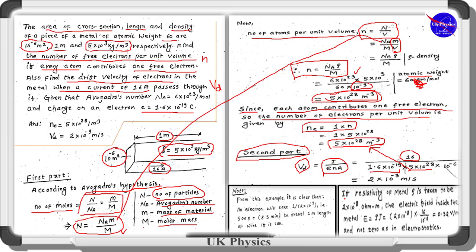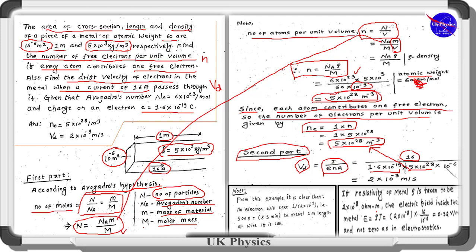And in the next conclusion, if the resistivity of a metal rho is taken to be 2 × 10⁻⁸ ohm meter, this is the supposed value of resistivity. If the resistivity of the metal is 2 × 10⁻⁸ ohm meter, the electric field inside the metal is given by this formula that we have already studied in electrostatics in grade 11.